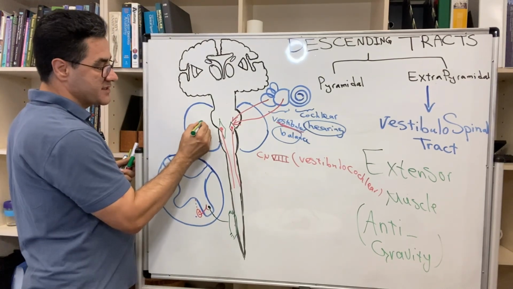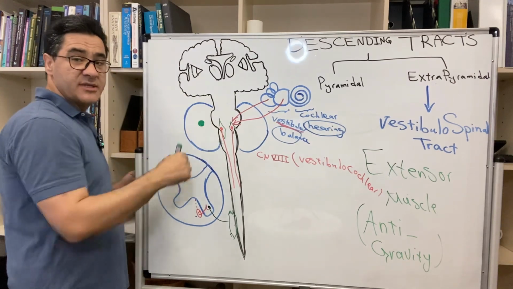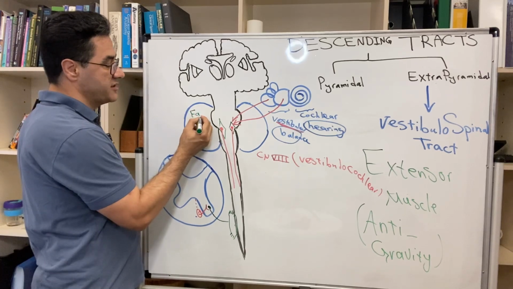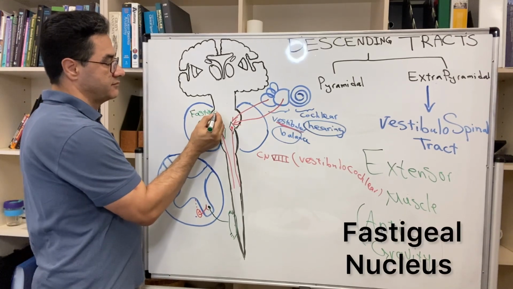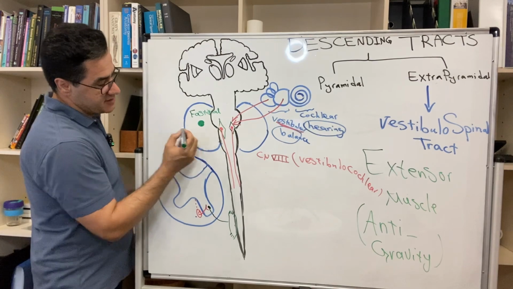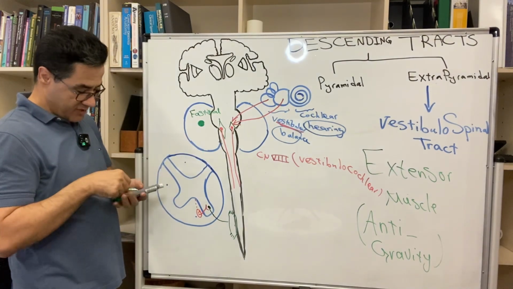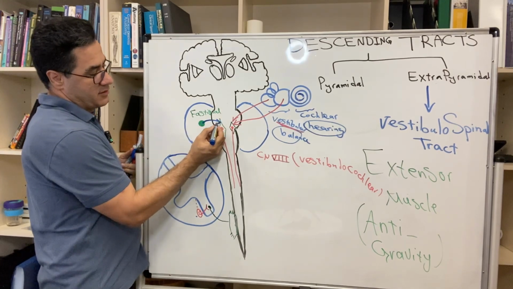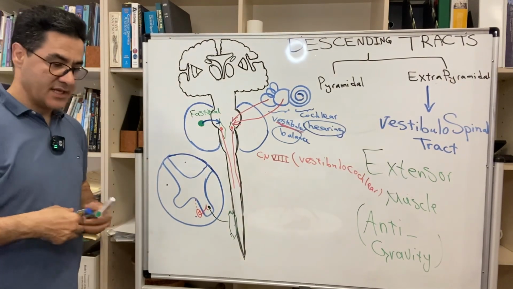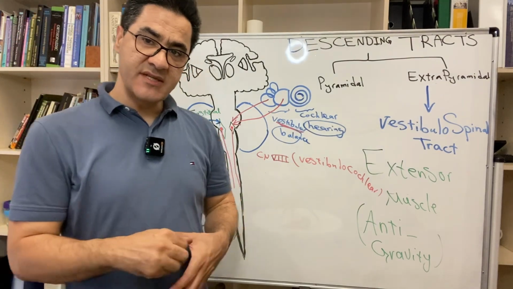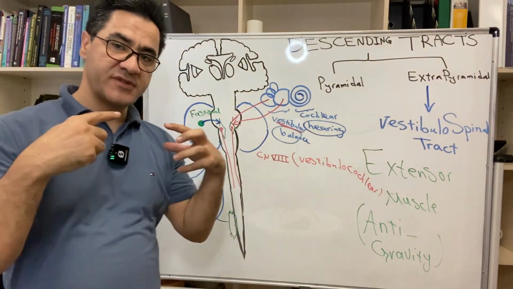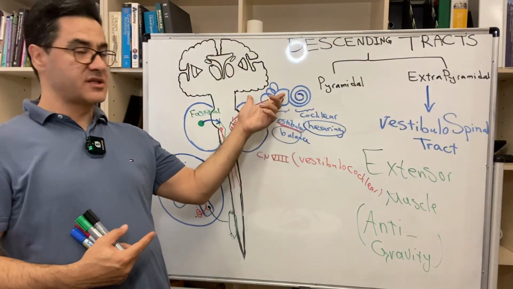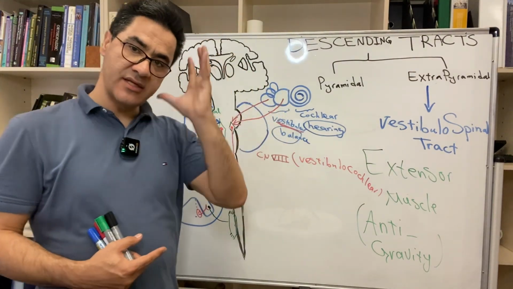Within the cerebellum, there are 4 different types of deep nuclei. One of them is called the fastigial nucleus, which sends information to the vestibular nucleus. Now, the vestibular nucleus receives 2 afferents from 2 different places. One is coming from the vestibular part of the inner ear, about the head and neck position.